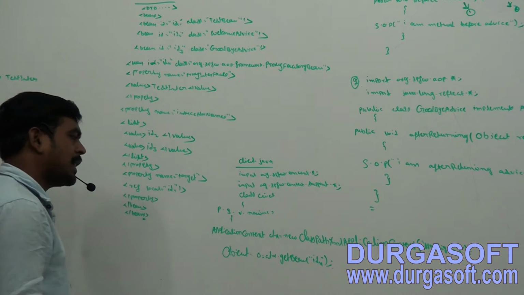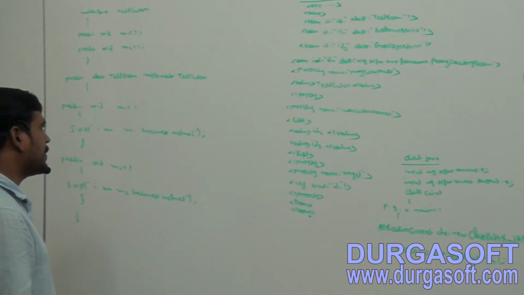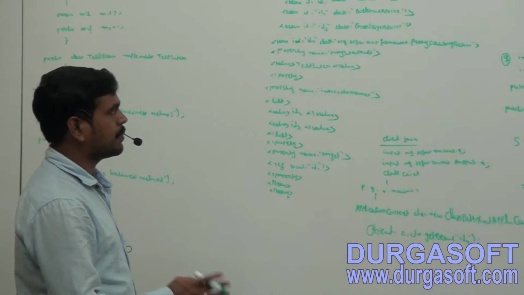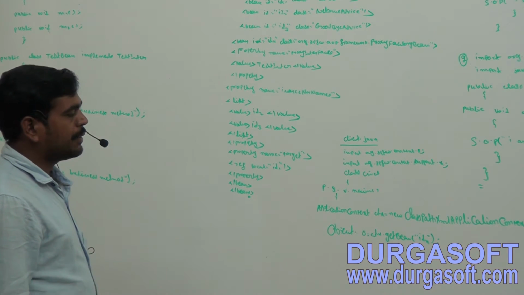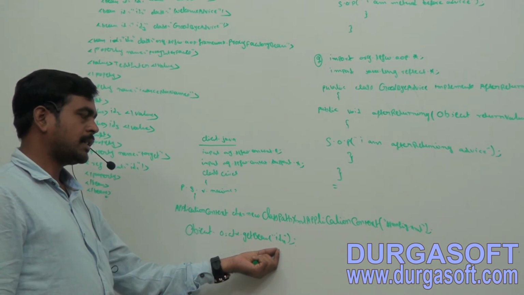Whenever we are passing id1 here, we are not getting the services. First one, what should we pass? id4. Then only we are going to get the services. Both are included at runtime whenever we pass ctx.getBean of id4 like this.